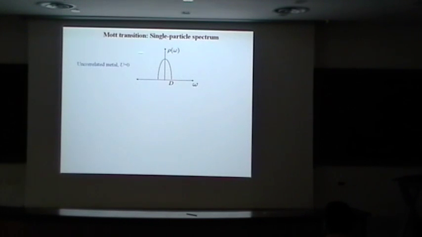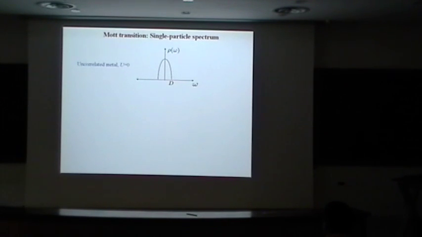I will draw pictures of the momentum-integrated density of states, which is an easy thing to discuss. For the uncorrelated metal, there is just some finite density of states near the Fermi level, reflecting the shape of the uncorrelated band.